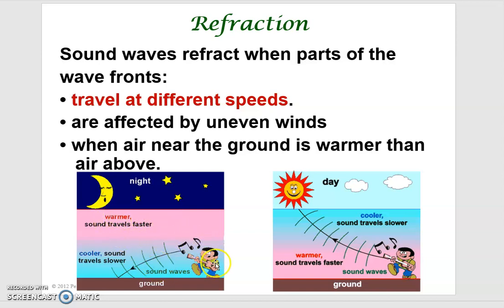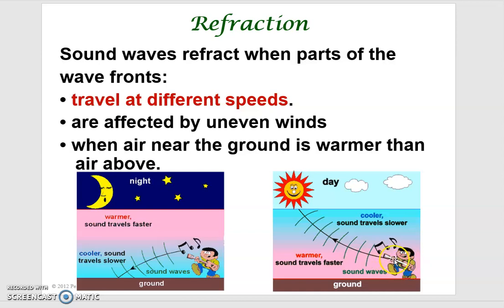And therefore, when you are singing, the sound wave will propagate outward, but it doesn't propagate straight outward. Actually, it will be bent downward. During the daytime, the situation is reversed. Now the temperature of the ground surface is higher, so the density of the ground air is smaller, and therefore the speed is faster.